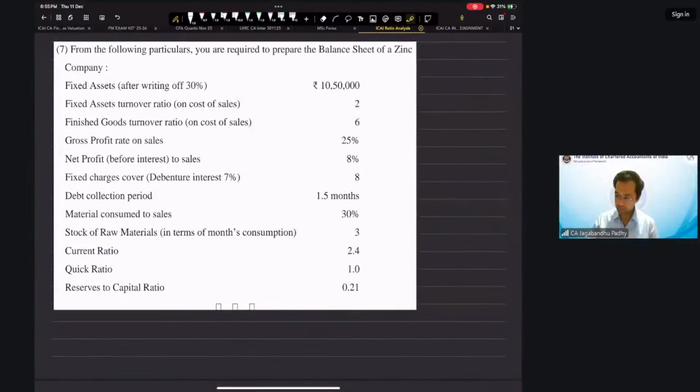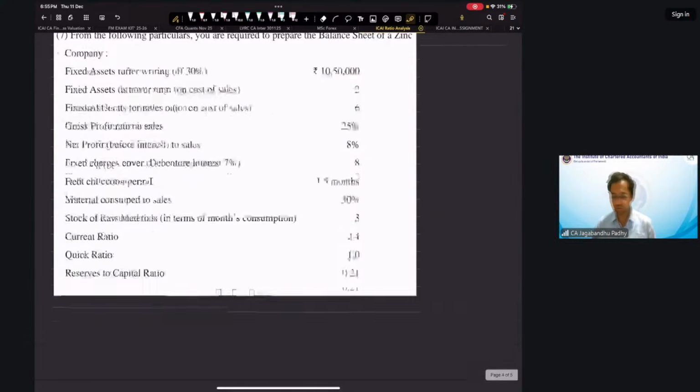Okay, so fixed asset is 10 lakh 50,000. This will remain as it is. The fixed asset will remain as 10 lakh 50,000 only, right?